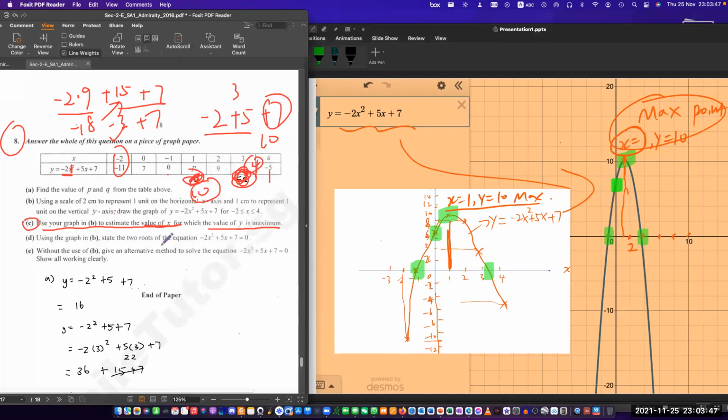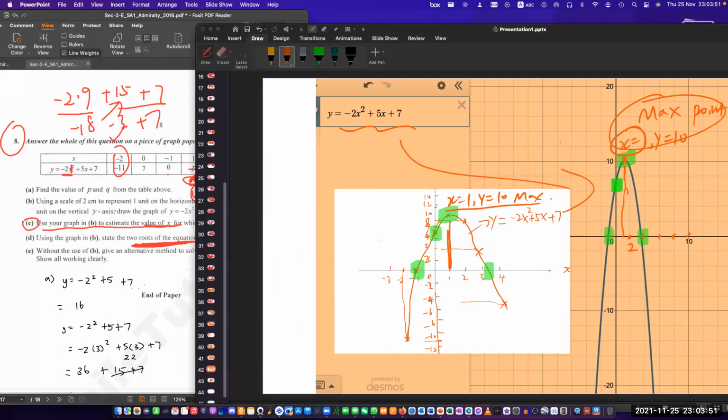Using the graph, state the two roots. You see roots again. So roots means the two x-intersection points. So if I read the Desmos, this point will be x equals -1. And then this point, this is 2, this is 4, it will be 3 point something. Okay, 3 point, maybe 7 or 8.